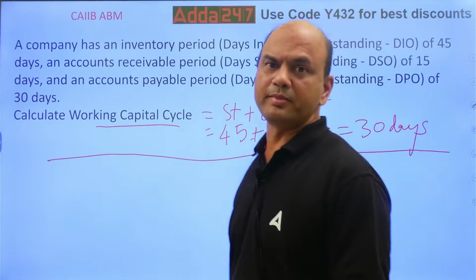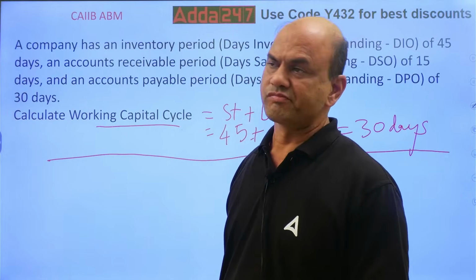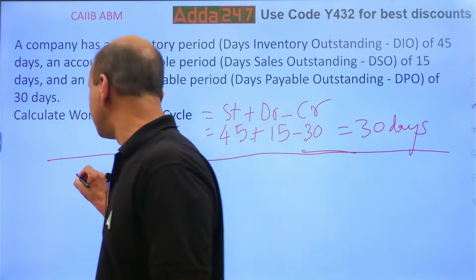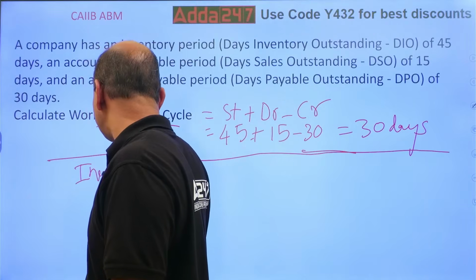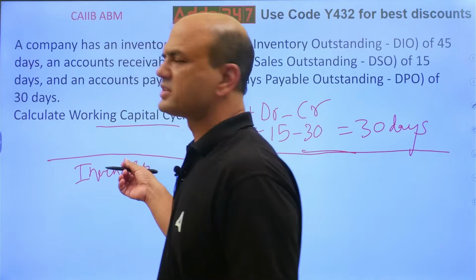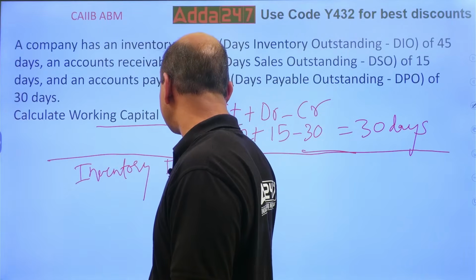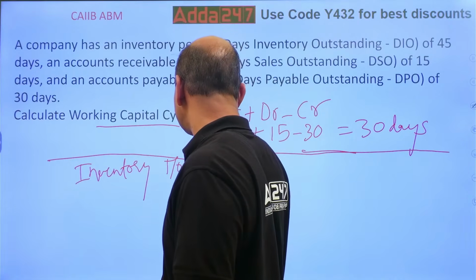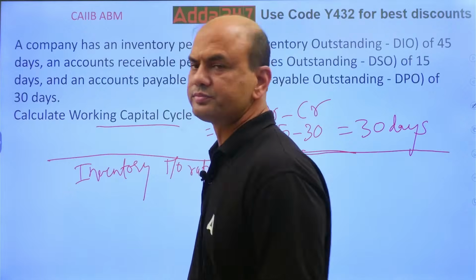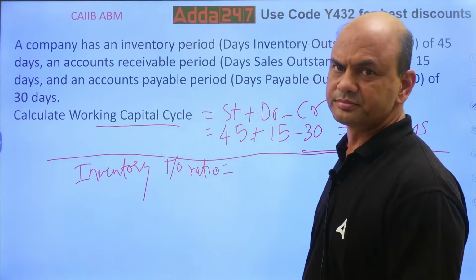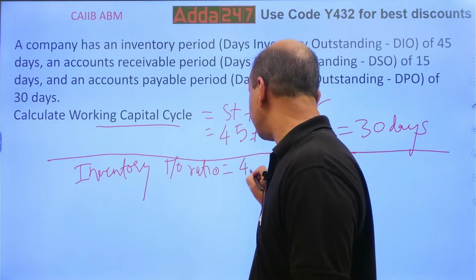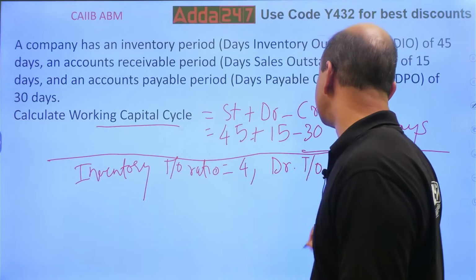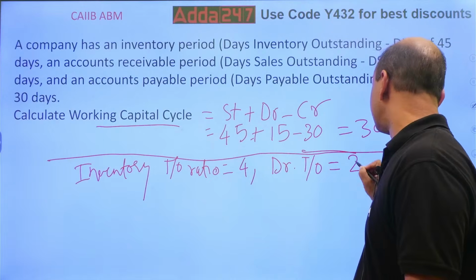Suppose my inventory turnover, inventory or you call it stock turnover ratio, equals, let's say, 4, and my debtor turnover ratio equals, let's say, 2.